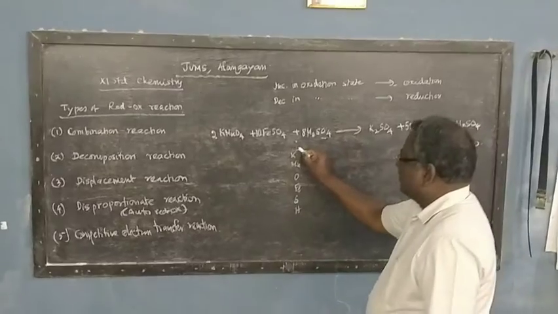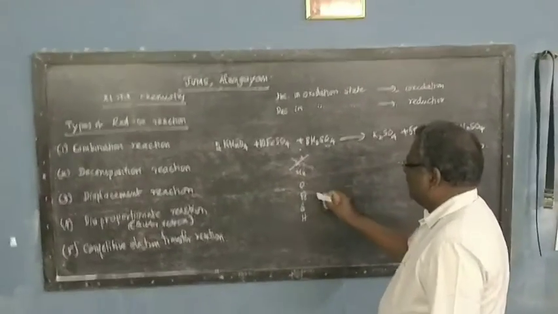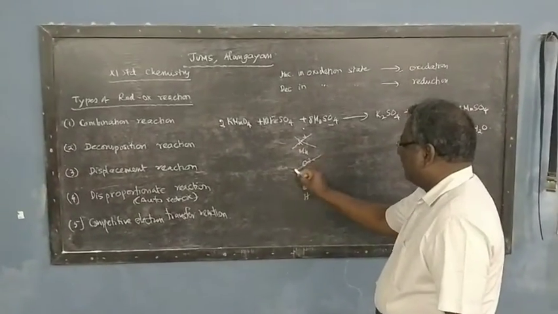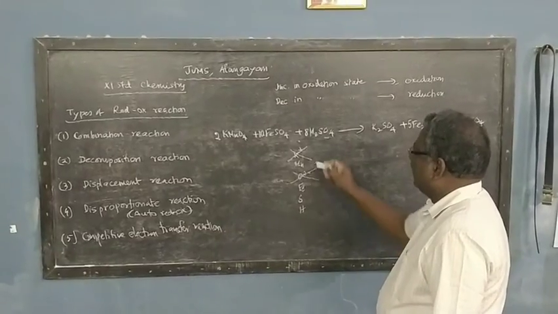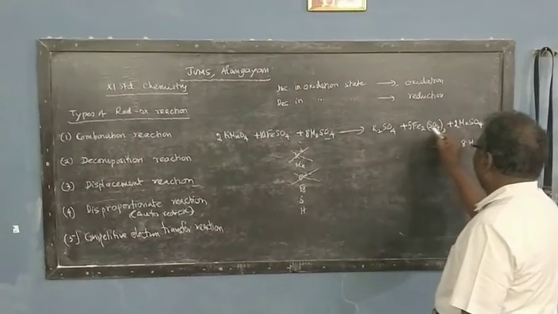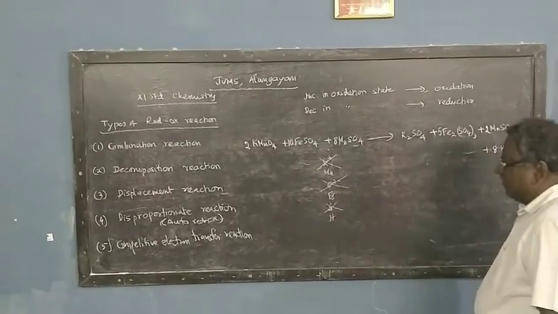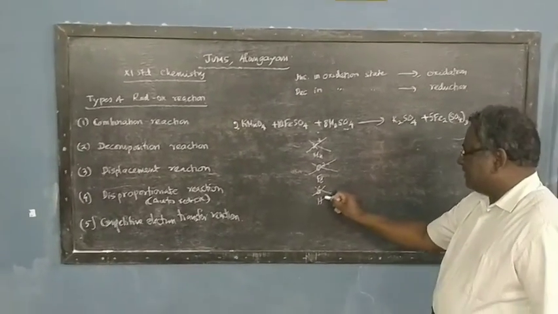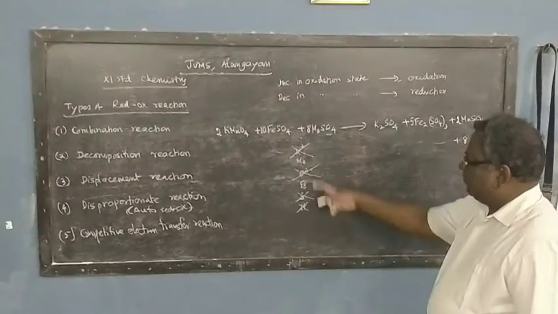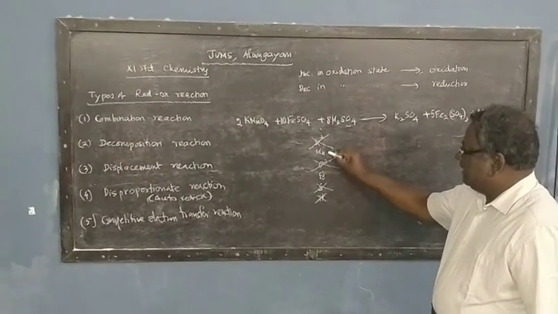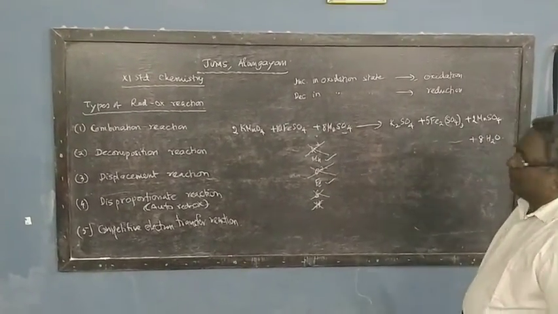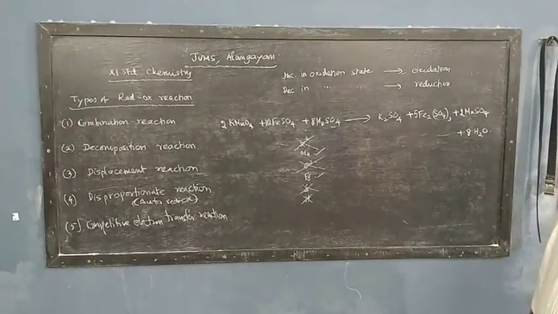Potassium is a monopositive ion, therefore it's ruled out. Oxygen is a di-negative ion, it is also a standard element. Sulfate is in the same form everywhere, therefore this also will not have any change in oxidation number. Hydrogen is a standard element. Therefore from this it is obvious that only in these 2 elements oxidation and reduction takes place.